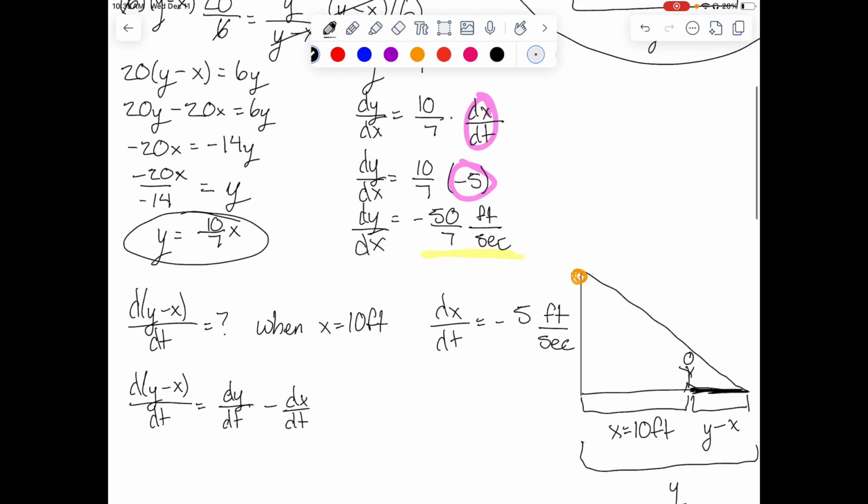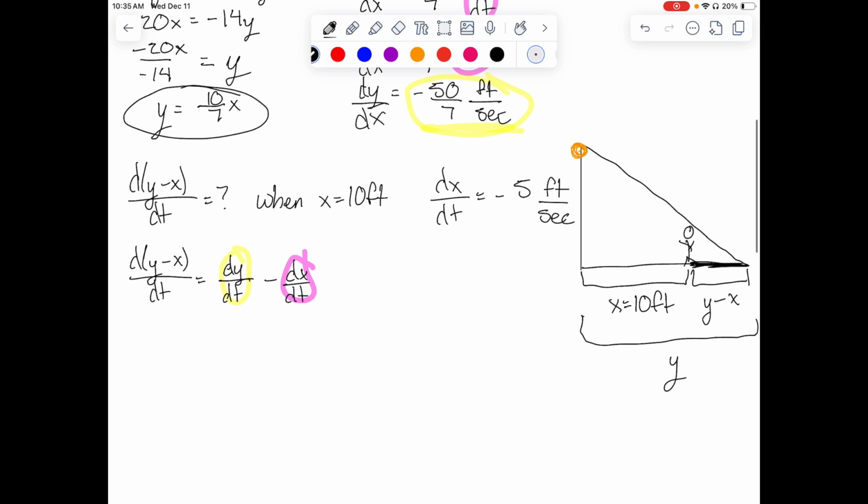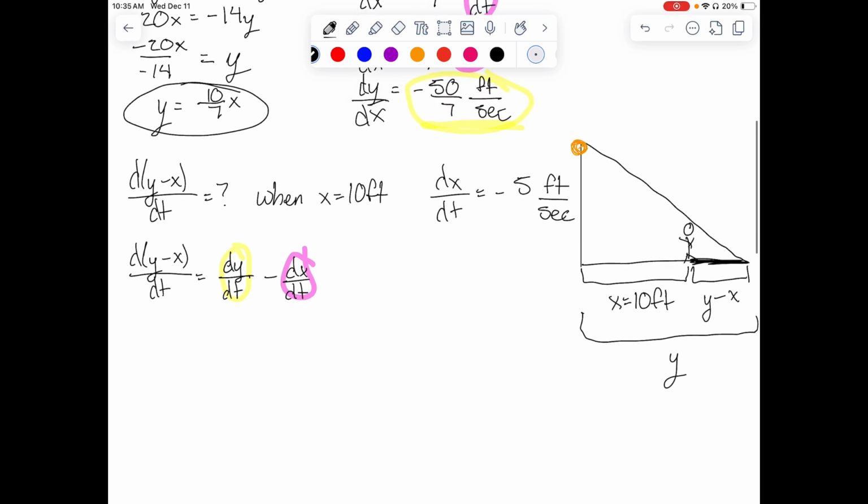And then we know that dy/dt, which is what we're trying to figure out right here, right? We know that dy/dt, because we just solved for it, is -50/7 feet per second. So we can use that right here and just plug in our knowns.